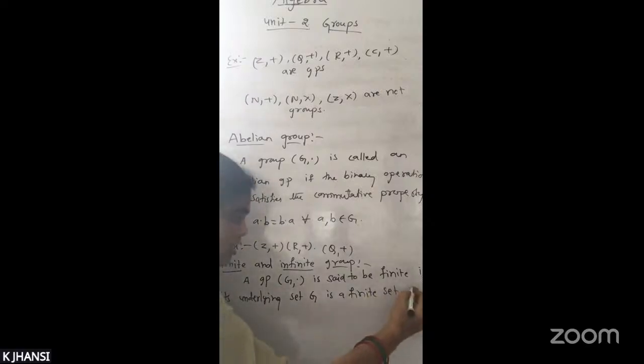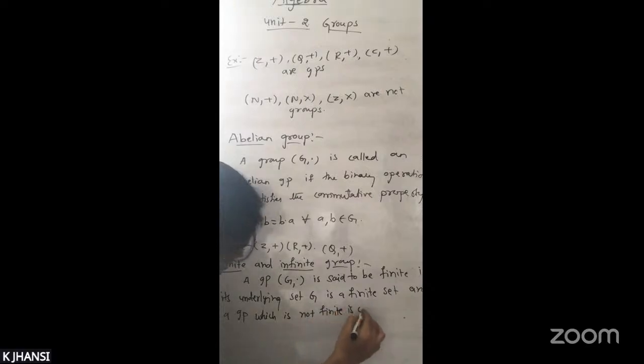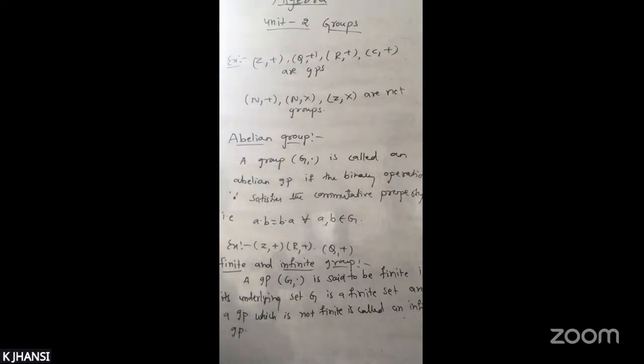And a group which is not finite is called an infinite group. So this is the definition of finite and infinite group.